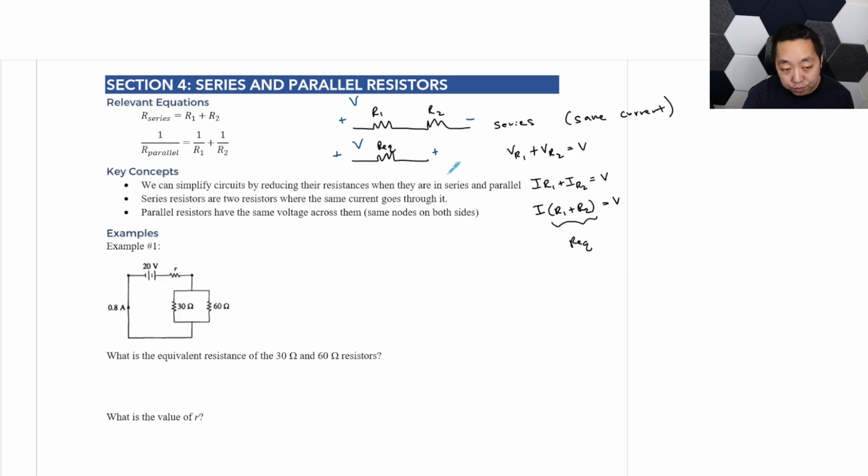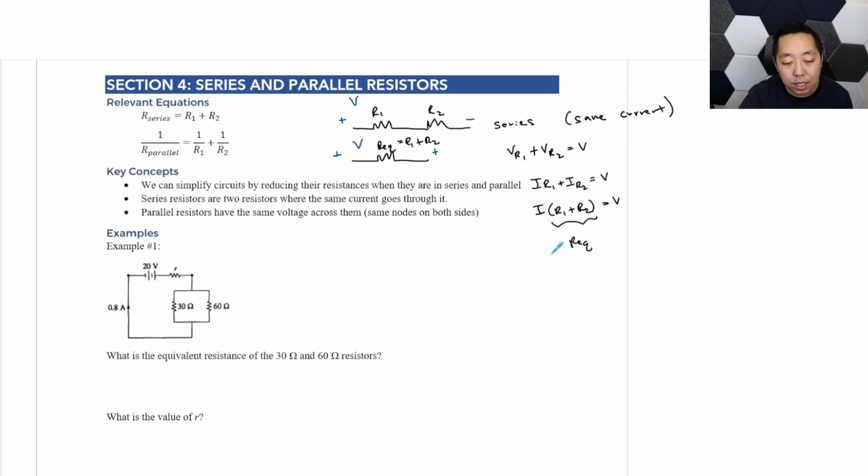We're saying that R1 and R2, if I add them together and replace this circuit, will have the same voltage and current behavior if I replace it with a single resistor of value R1 plus R2. So if I have two series resistors, the resistances just add. And the reason this worked out is that they have the same current going through them.